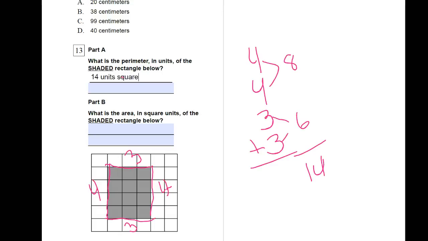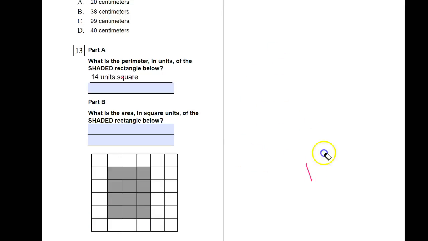Now it says, part B says for you to find the area in square units of the shaded rectangle below. Well, now tell me, how do I find the area? There you go. And what was the length? What was the length? 4.